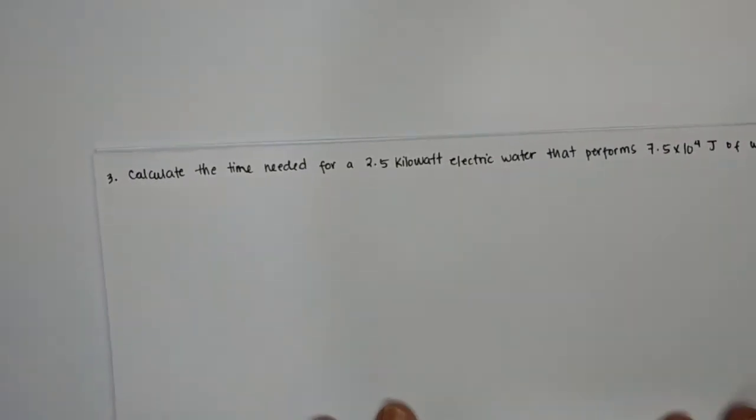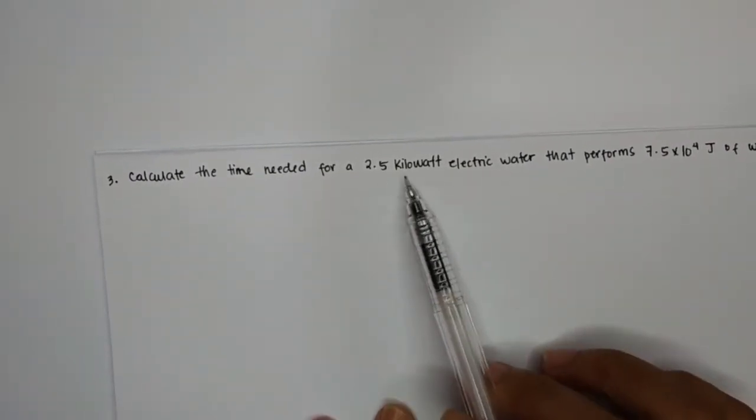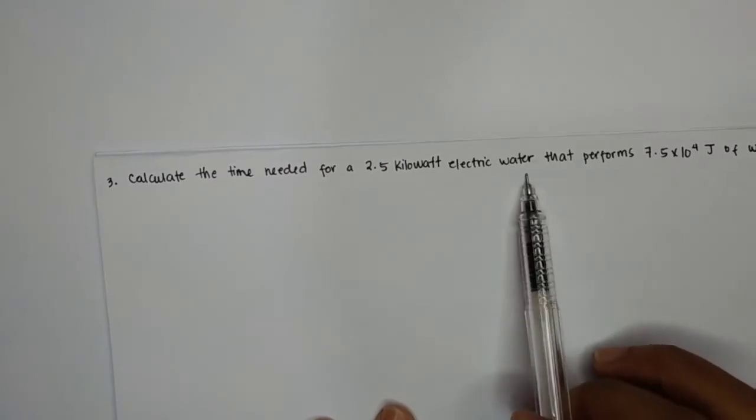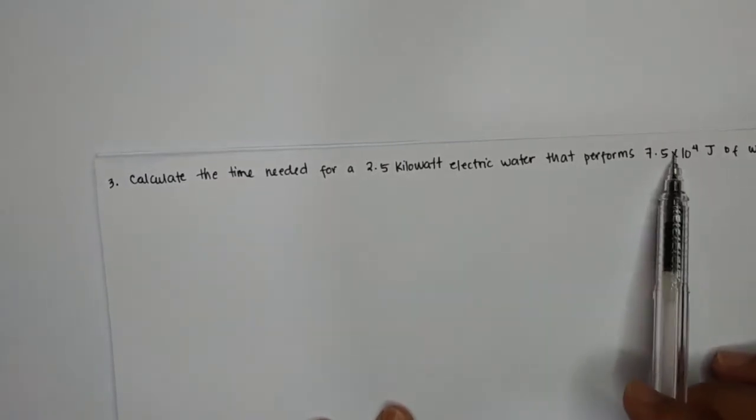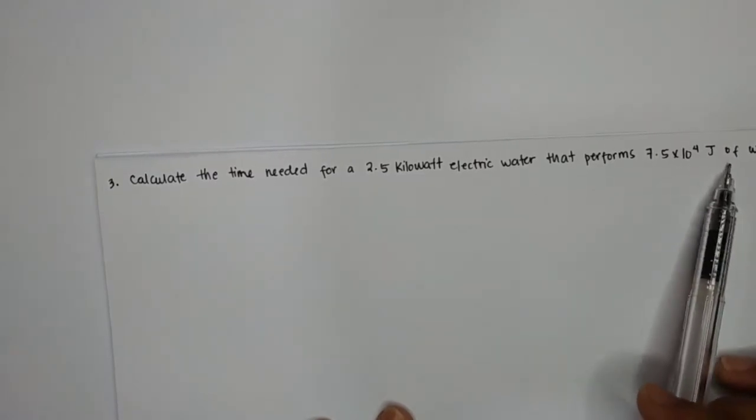Calculate the time needed for a 2.5 kilowatt electric water heater that performs 7.5 times 10 raised to the power of 4 joules of work.